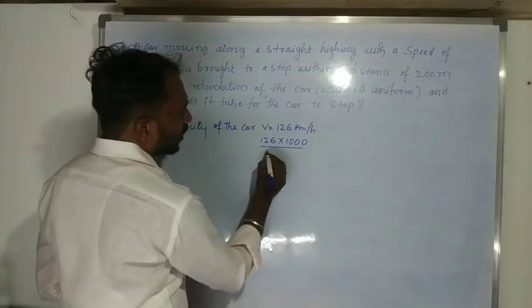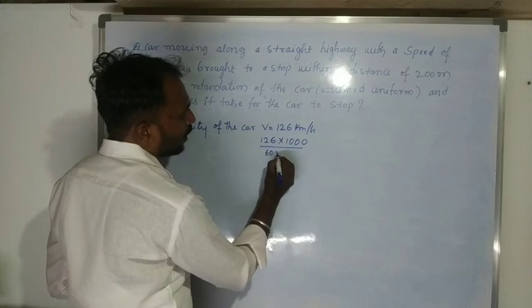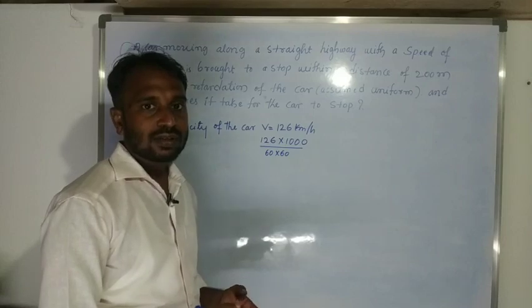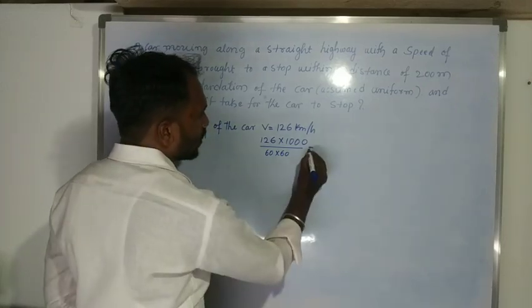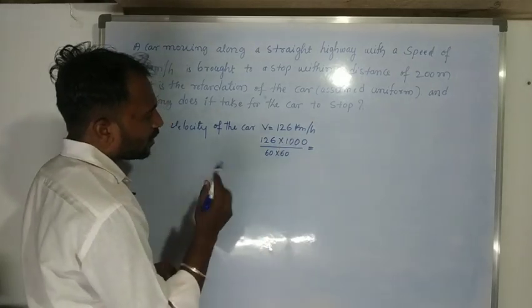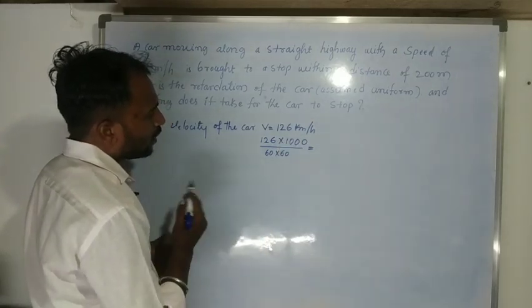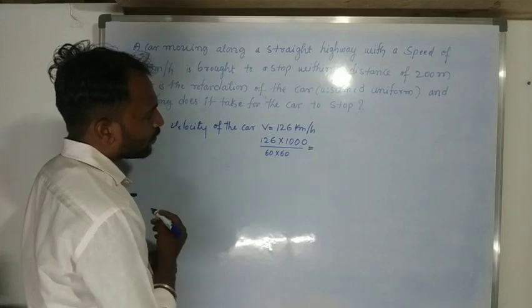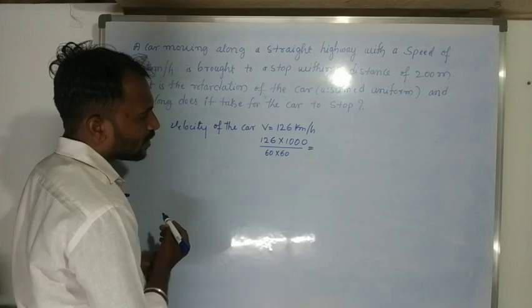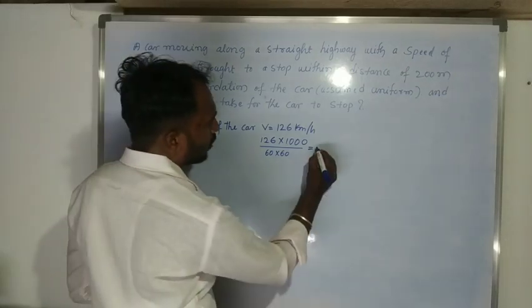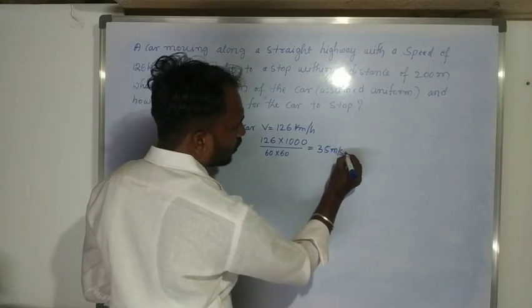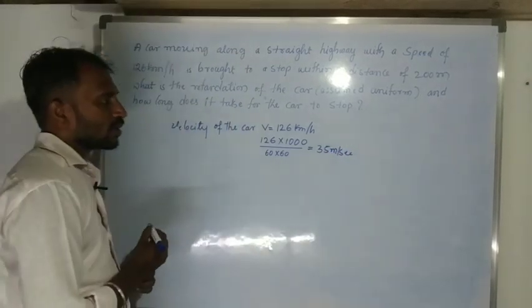So 60 into 60 is 3600. After simplification, zeros get cancelled, and 126 into 10 divided by 6 into 6, 36. It means we get 35 meter per second.